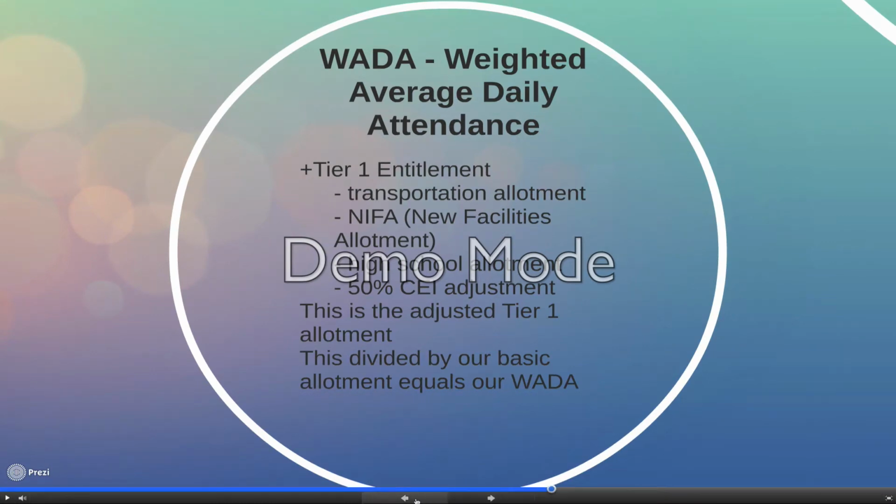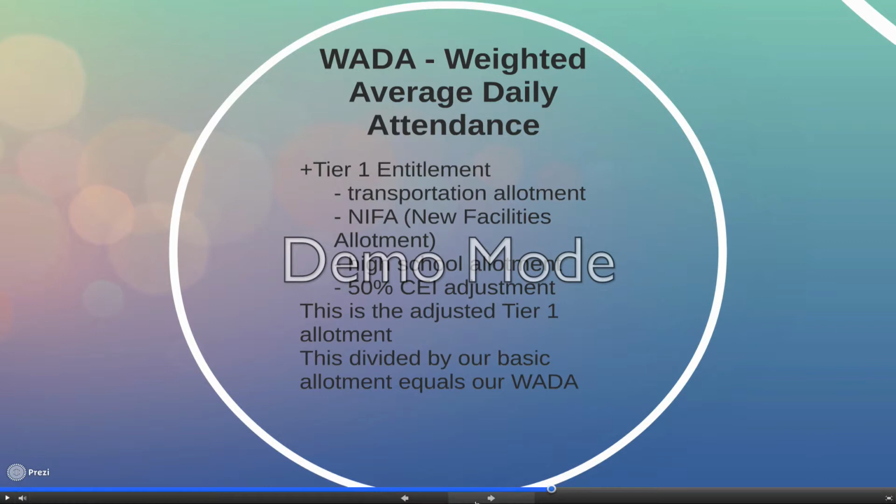Weighted average daily attendance is figured out by first taking our Tier 1 entitlement, then subtracting our transportation allotment, our new facilities allotment, our high school allotment, and 50% of our cost of education index. The cost of education index is assigned to each district based on its size, the teacher salaries of neighboring districts, and the percentage of low-income students.